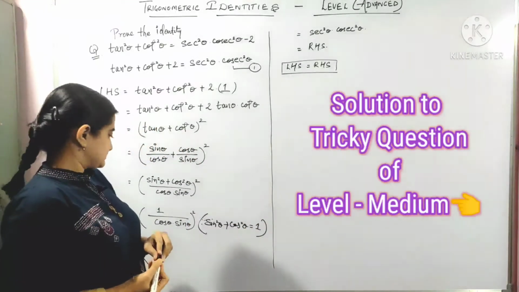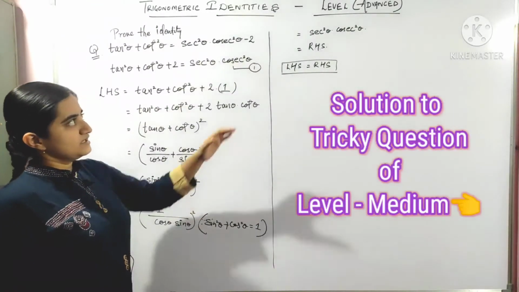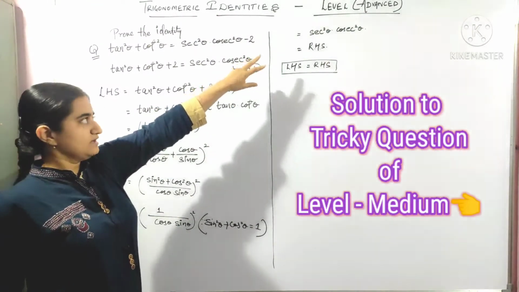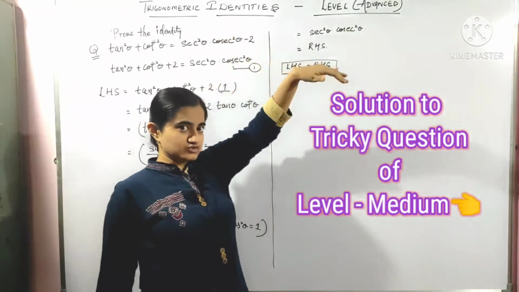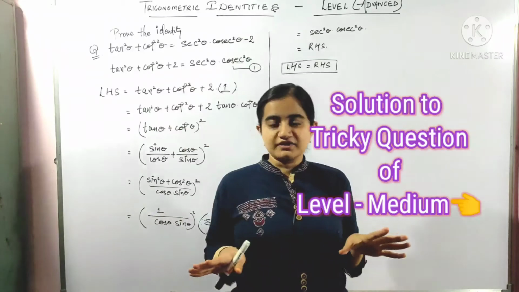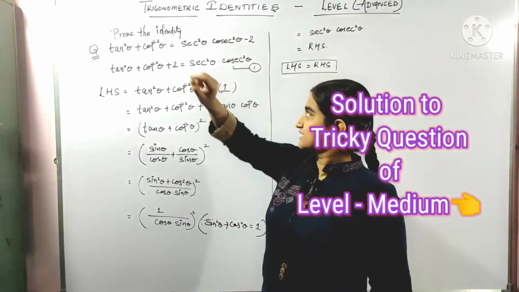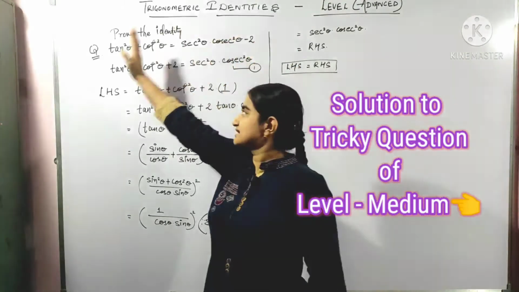Okay, and then in the next step we can do 1 upon cos and 1 upon sine. So 1 upon cos is sec and 1 upon sine is cosec, and whole square, then we can write sec square into cosec square, and hence we get LHS equals RHS. So in this question nothing was difficult, only the part where you have to apply that particular trick. You have to move minus 2 from the right hand side to the left hand side.